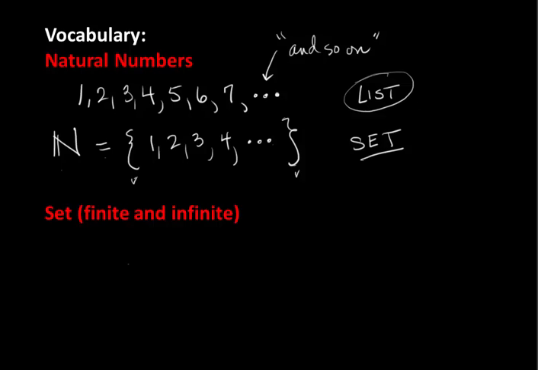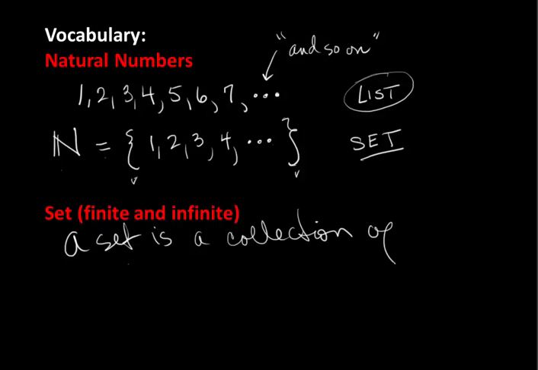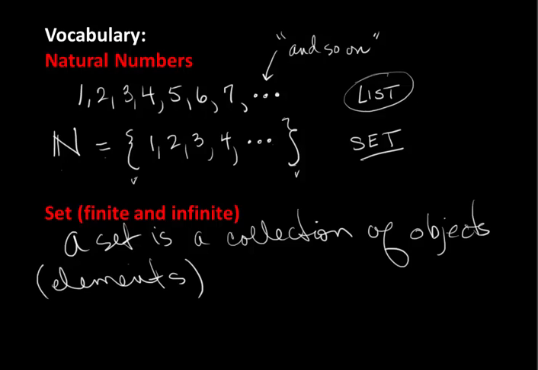A set is a collection of objects. We call those objects elements. Elements of the set. A set is a collection of objects, so we call that the set of natural numbers, and the elements are the natural numbers.